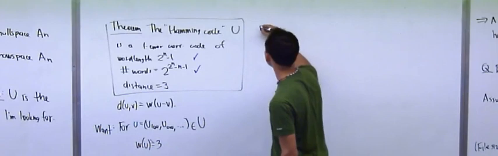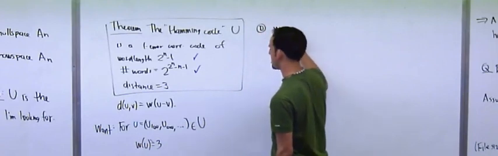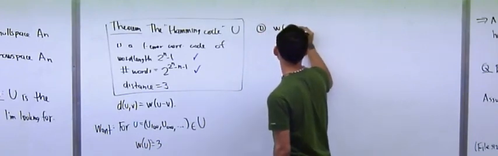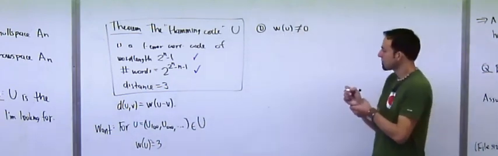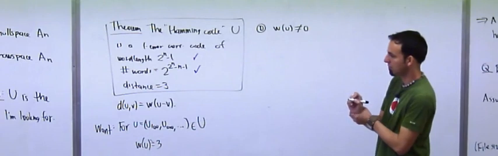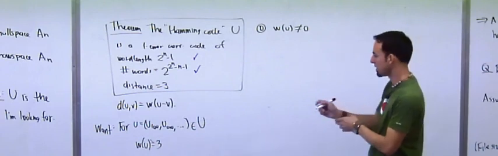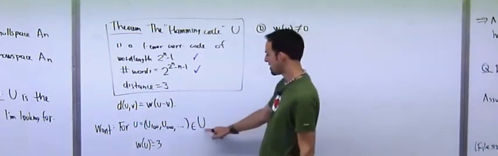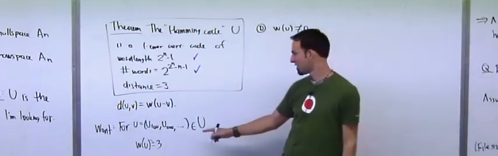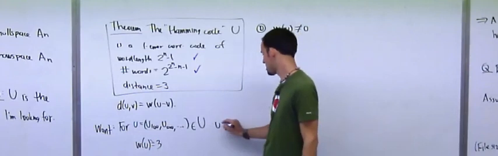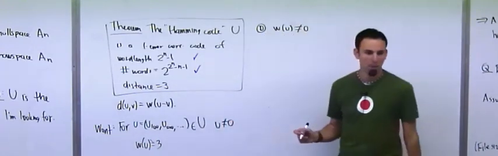First step, no, 0th step. Why is the weight not 0? Oh, well. The 0 word is in this linear code. And it always has weight 0.